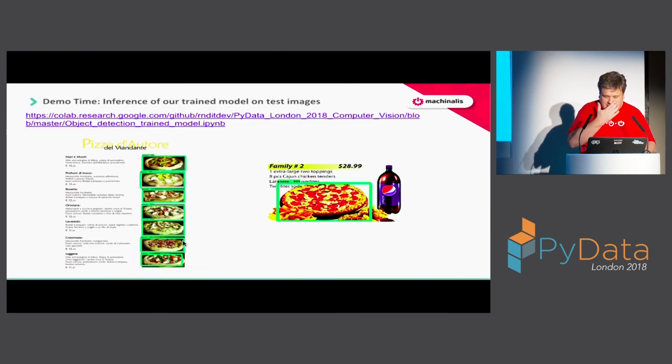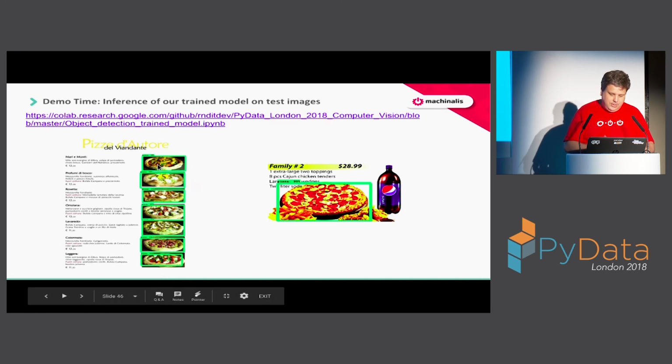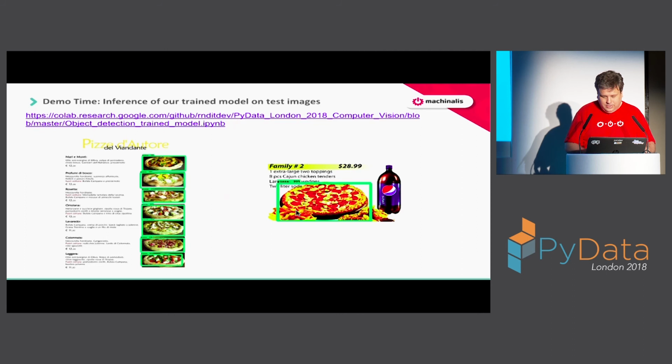But here you have two results I got. I provided the menu from an Italian restaurant. You can see here it's detecting 90%, 99%, and then here at least it can differentiate from a Pepsi or something like that. So I used just 16 elements for training, 3 or 4 for validation. As you know, it's working too good to be true.